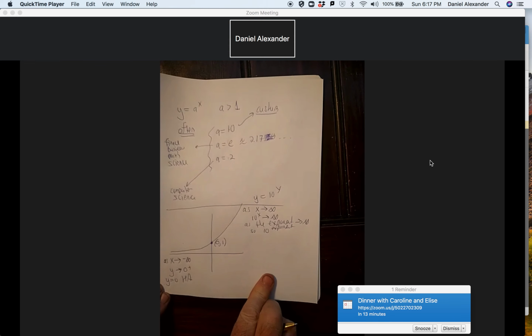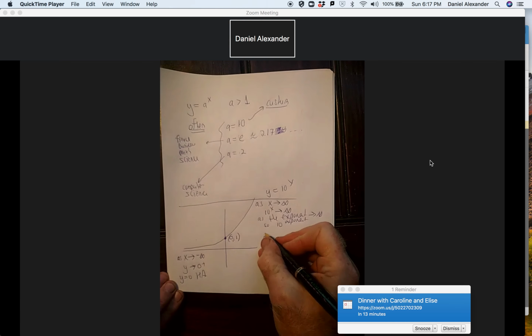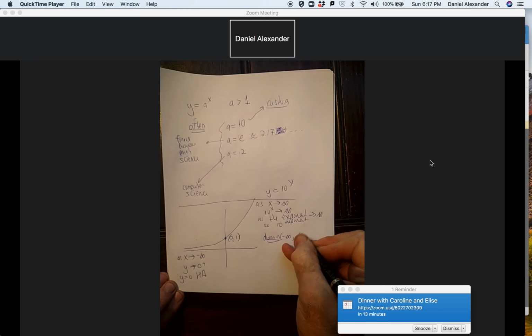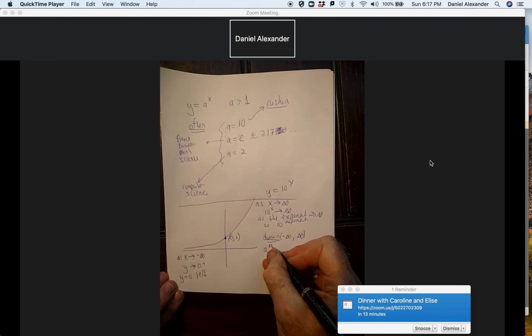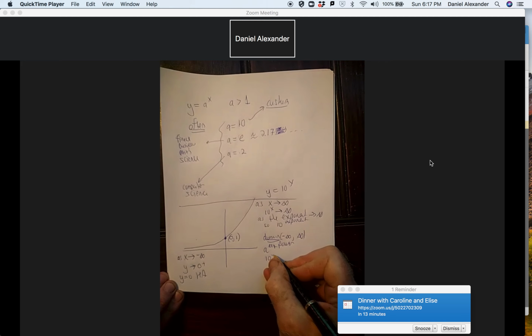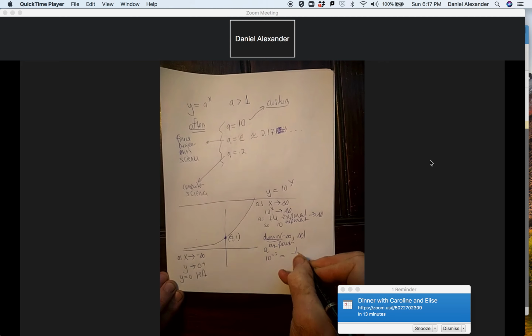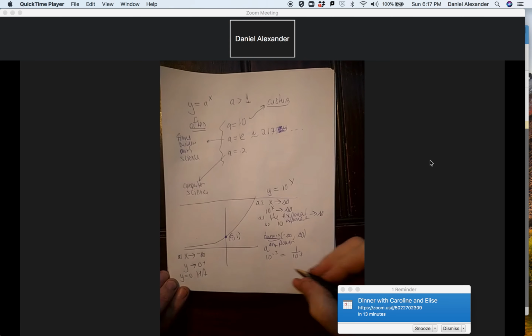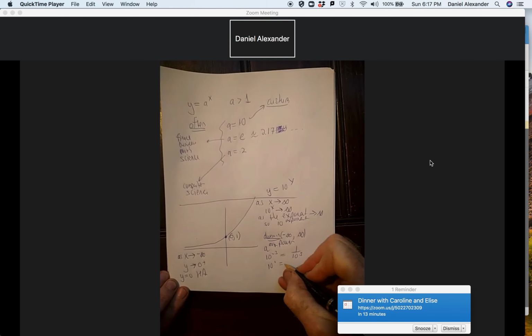We're also going to see a couple of other things about this. The domain is all real numbers. And what that tells us is that a to any power is valid. For example, 10 to the minus 3 would be 1 over 10 to the 3, and 10 to the 0 is 1.